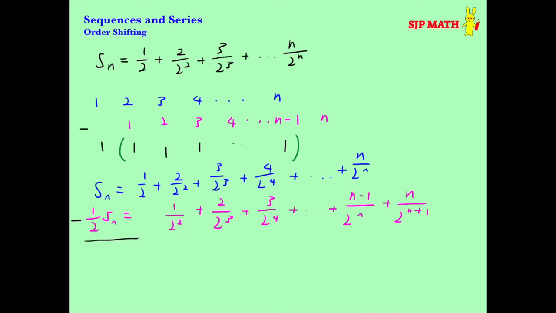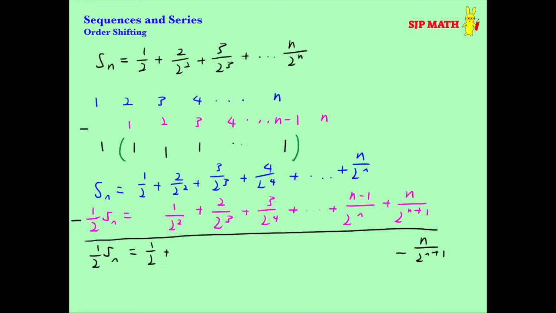So if we subtract this from this, we get this is half, and then here is just minus n over 2 to the n plus 1, and then in the middle here, as I put in green in brackets, the area where everything becomes constant, the numerator becomes constant, and it really works. 1 over 2 squared plus 1 over 2 cubed, so we're just subtracting for each term, plus all the way up to 1 over 2 to the n.